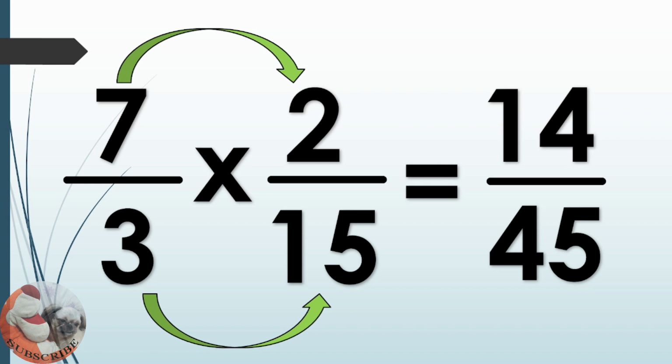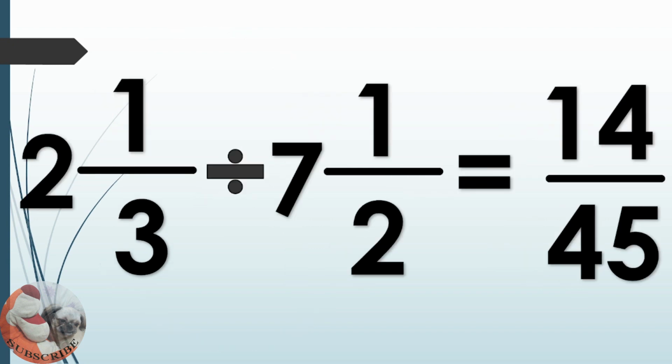Then again, reduce the answer to its lowest term. Since 14 and 45 do not have a common factor, 14/45 is the lowest term. So if you divide 2 and 1/3 by 7 and 1/2, the answer is 14/45.